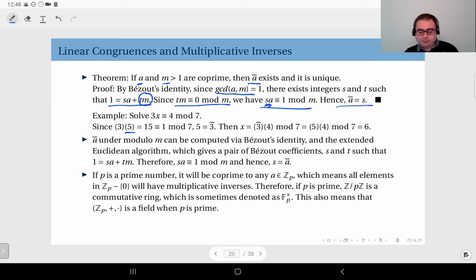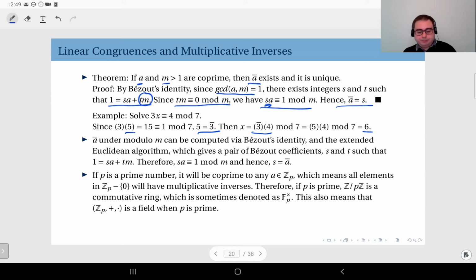Therefore, by definition, 5 is the multiplicative inverse of 3 modulo 7. And therefore, the solution is the multiplicative inverse of 3 times 4 modulo 7, which turns out to be 6. If you plug it in, 3 times 6 is 18, that is clearly congruent to 4 modulo 7.